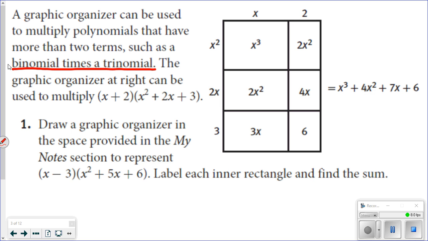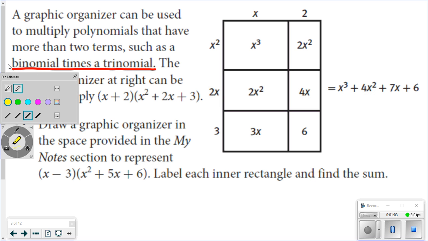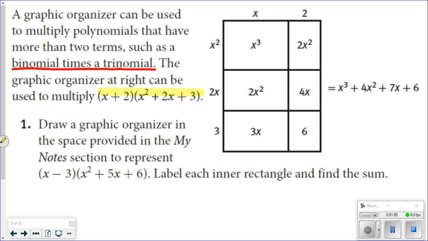If you see the box method to the right, they're showing us x plus 2 being multiplied by x squared plus 2x plus 3. They put their x and 2 on the top and x squared, 2x, and 3 on the side. So this is a 2 by 3, so we have 6 total boxes.